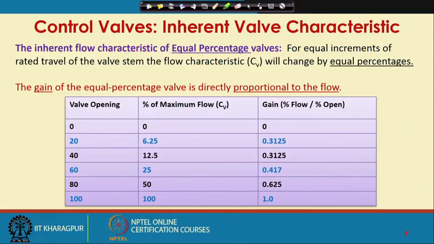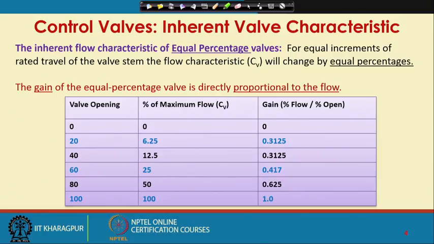So, the concept will be more clear if you look at this data. So, this is for equal percentage valves. As we know, for equal increments rated travel of the valve stem, the flow characteristic or CV will change by equal percentages.